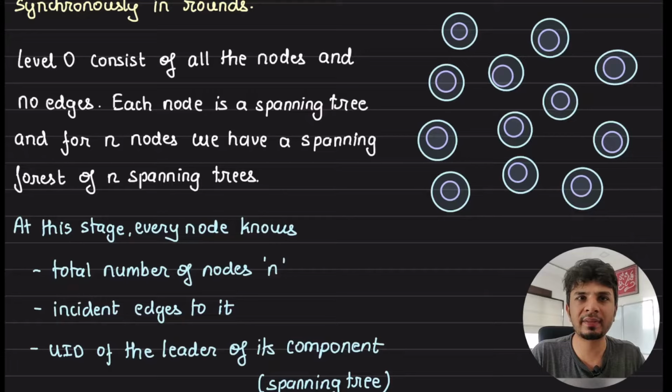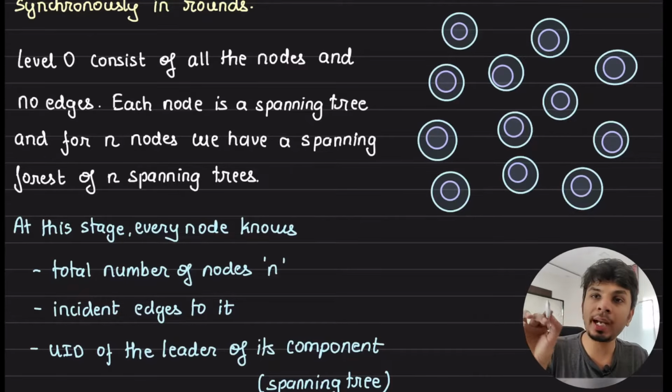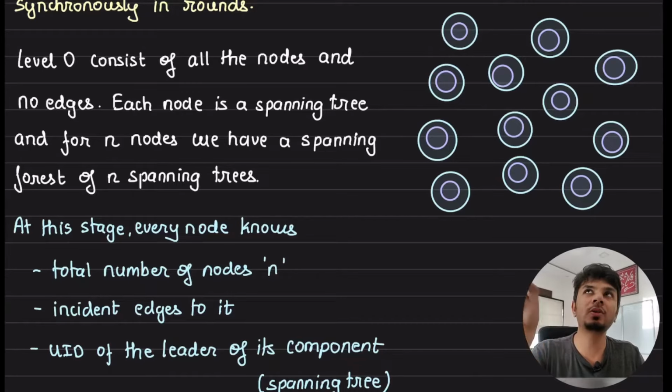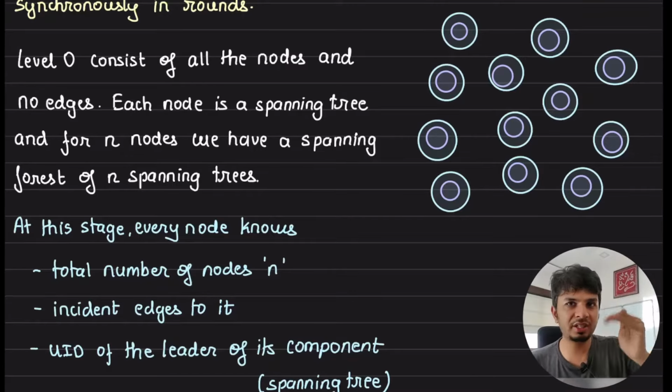So no edges are covered yet. And every single node knows the UID of the leader node in its component. But here, because the component only consists of one node, every node knows its own UID. It knows that it is the leader of this component, right? So this is what we reached till this stage.